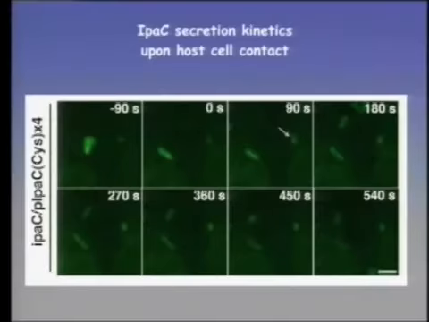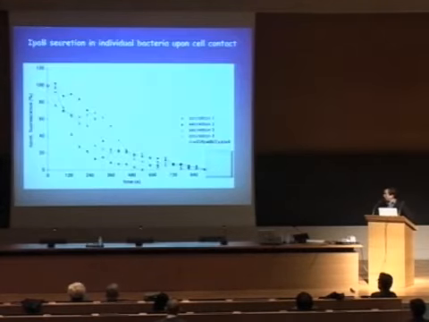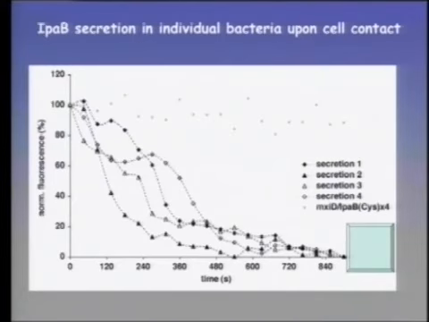The big advantage of this approach, however, is that you can use real-time imaging of live cells to image type 3 secretion, not so much in the appearance of the fluorescent effector inside host cells, but more the disappearance, just for technical reasons. And you can see, for example, that this bacterium here sees its fluorescence decreasing over time, actually very rapidly. And if you average several of those events, you can see that secretion occurs upon cell contact.